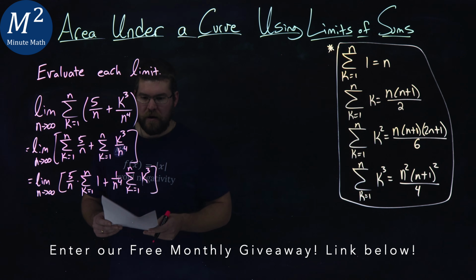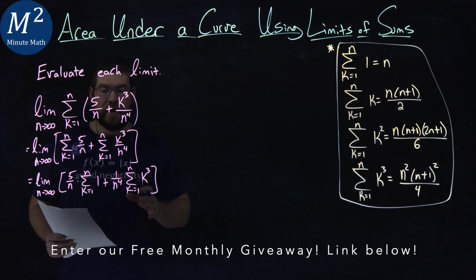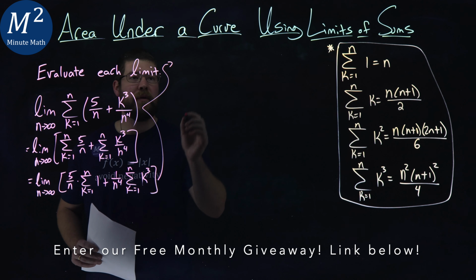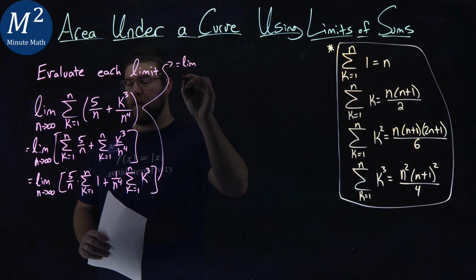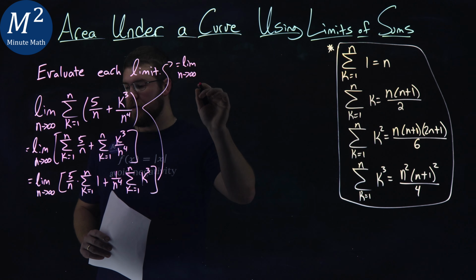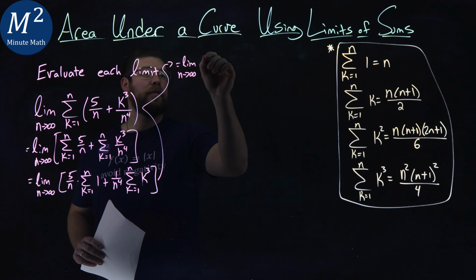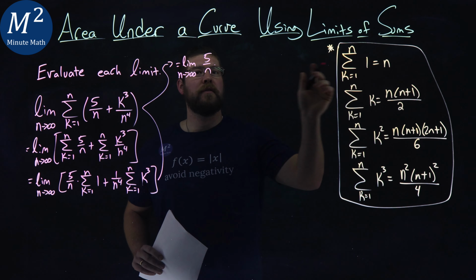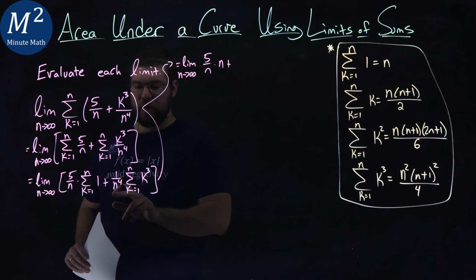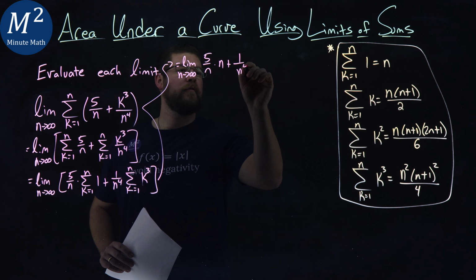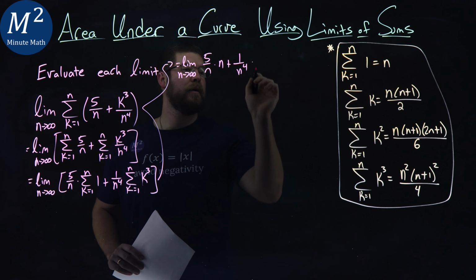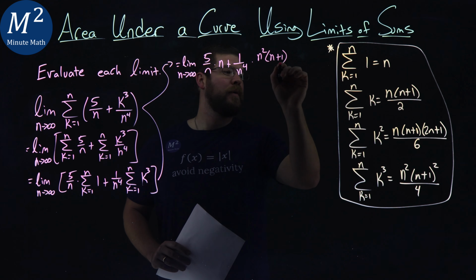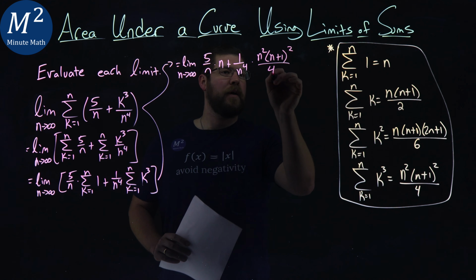Alright, so from here, we need to evaluate the sums using our rules. Because I like to write higher, let's do it up here. Equals the limit as n approaches infinity of 5 over n times, well, the sum of 1 is just n, plus 1 over n to the fourth times the sum of k to the third power, which is n squared times n plus 1, all squared, over 4.